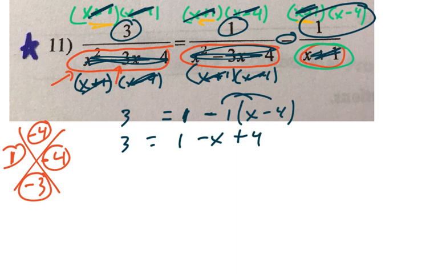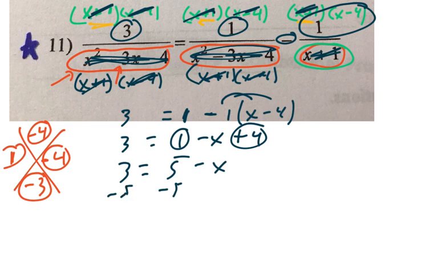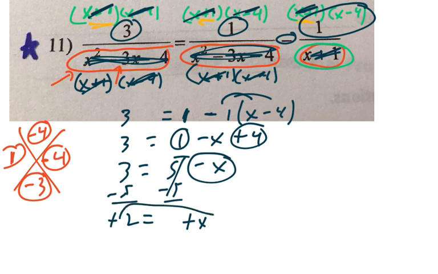I'm ready to solve this, right? 3 equals 1 and 4 is 5 minus x. If I minus 5 both sides, that's a negative x equal to -2. That means if I do a negative, I know x has got to be +2.